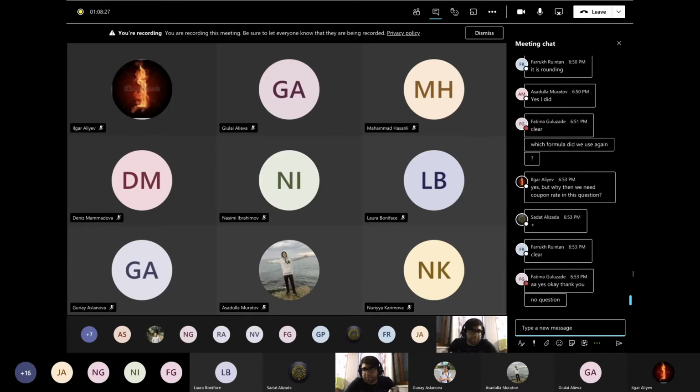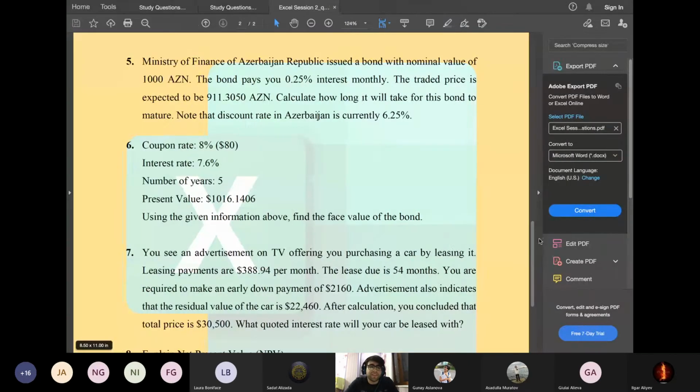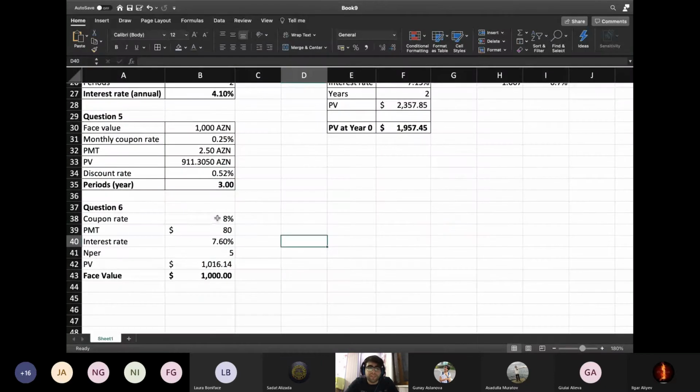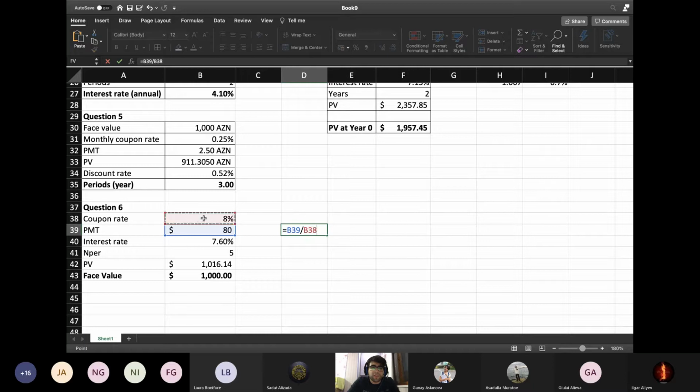Ilgar, in order to understand that if coupon rate is 8% and face value is 1000, you have PMT 80, or you can simply divide this PMT by coupon rate.